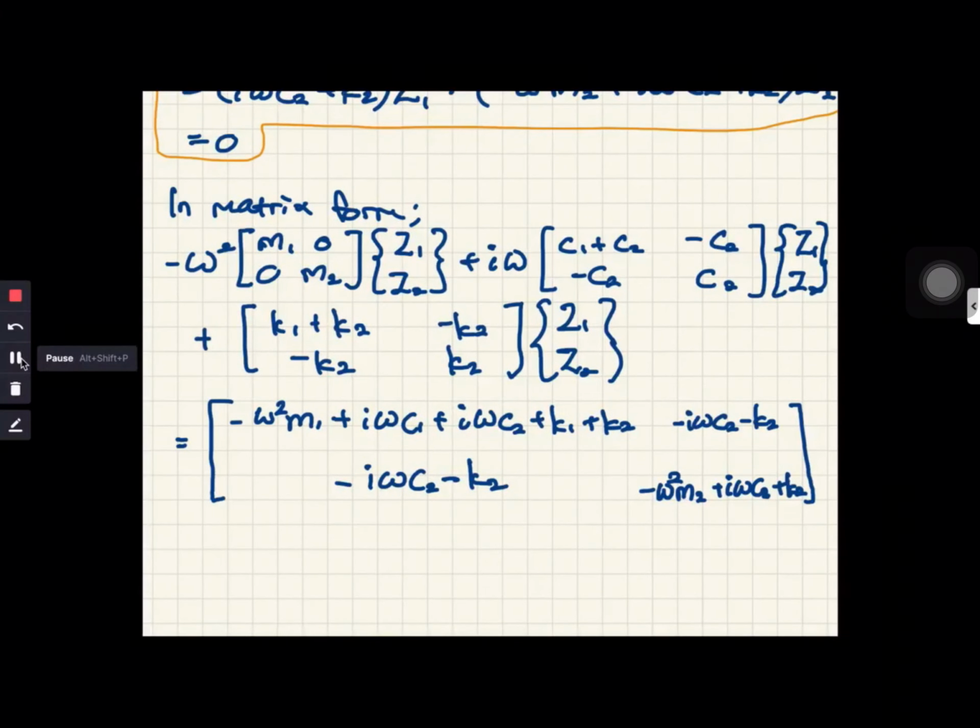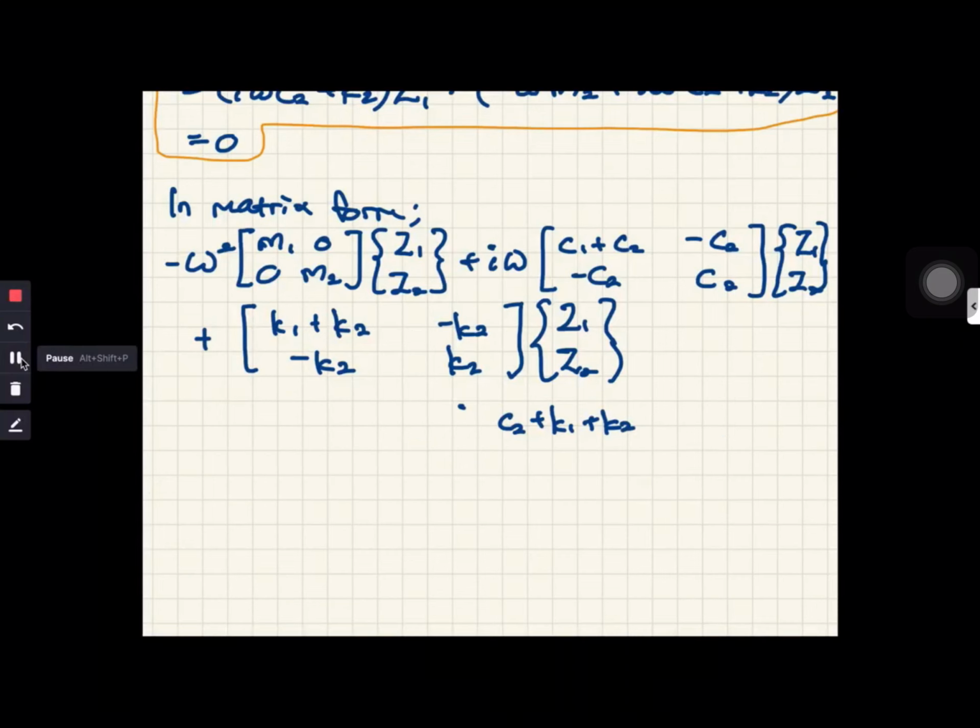I don't have enough space here, so we just erase everything because we need more space. Sorry about that.